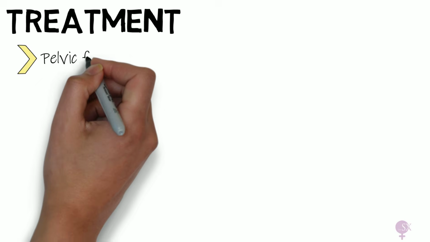Lastly, let's discuss treatment. This is a brief overview. In reality, there's a lot of detail when it comes to treatment, as treatment options depend on the type of prolapse, symptoms, age, and quality of life of the patient, etc. But broadly speaking, conservative measures include pelvic floor muscle training, which strengthens levator muscles to support the pelvic organs.